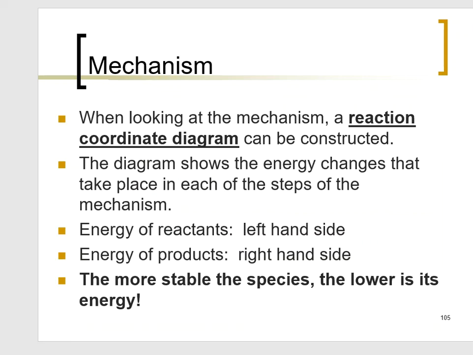Something else that I want to talk to you about is that in the mechanism, sometimes we refer to a reaction coordinate diagram. This is something that I'll briefly mention, but it's nothing that I will hound on over and over, because we rarely ever use it, to be honest with you.